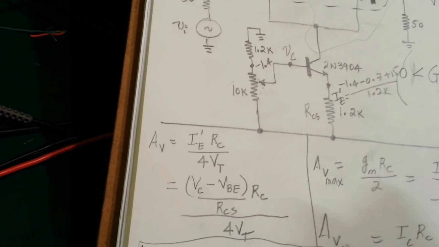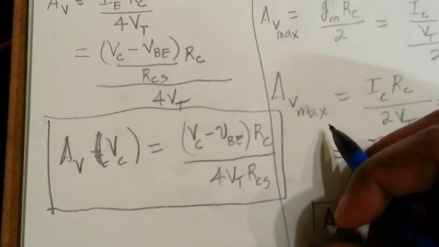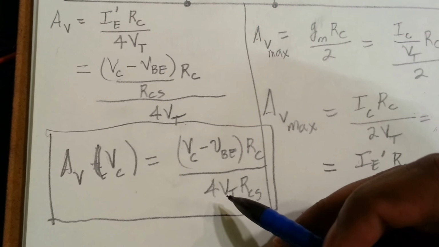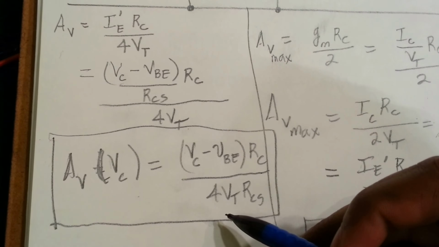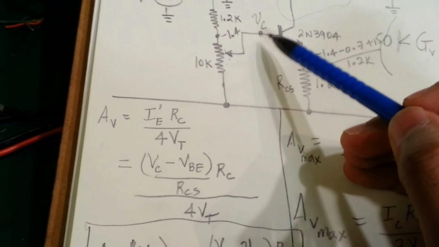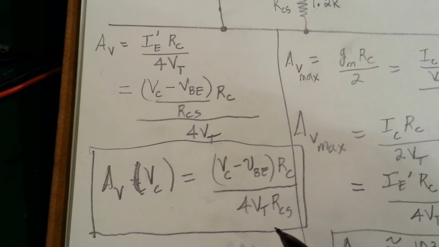This is not approximate, this is the proper gain as a function of this controlling voltage. So this is the derivation for the gain.